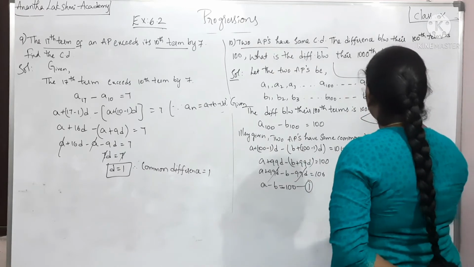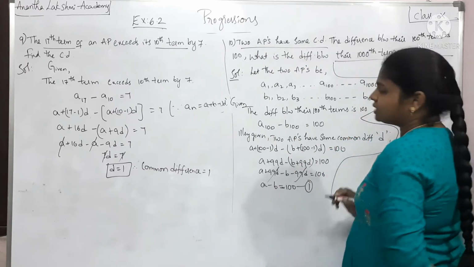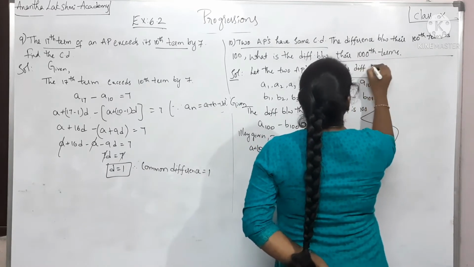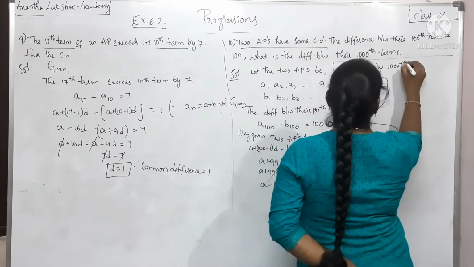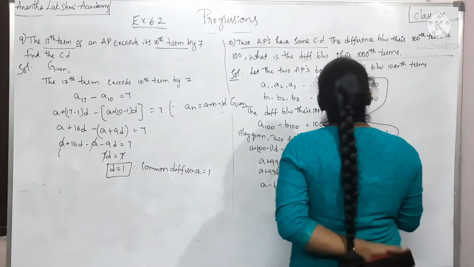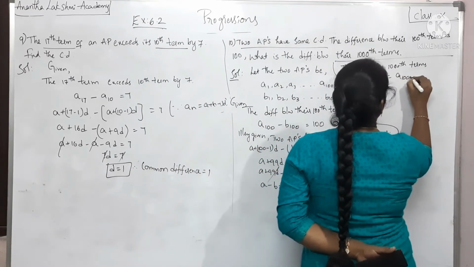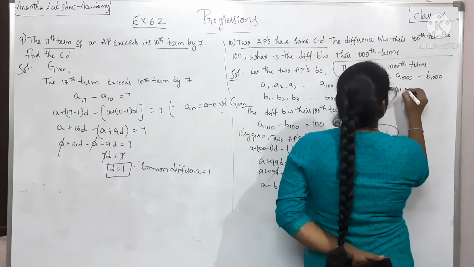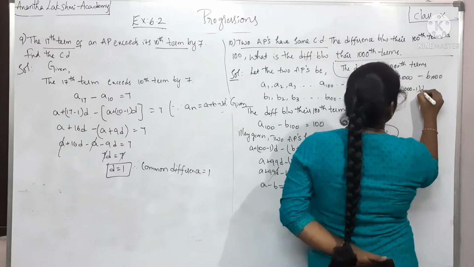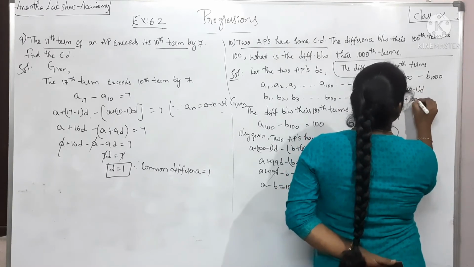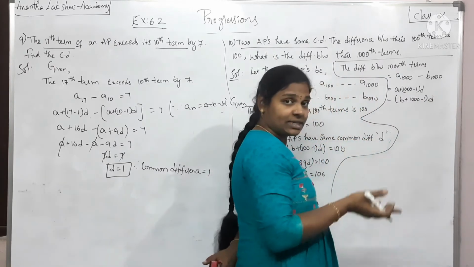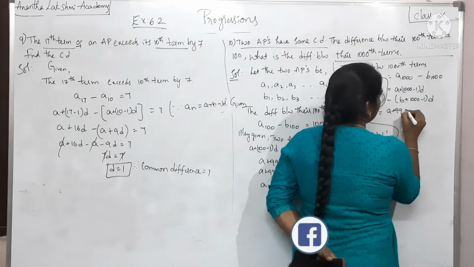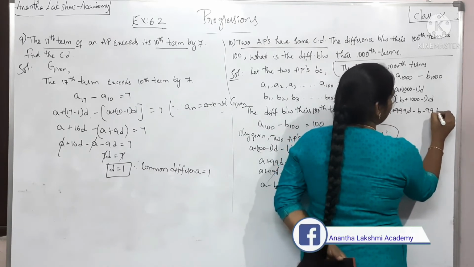Now we are to figure out the difference between their thousandth terms. So the difference between thousandth terms is equal to A1000 minus B1000. Now expand the formula. A plus 1000 minus 1 into D minus B plus 1000 minus 1 into D. Now I am performing the subtraction and also taking this minus inside. That way this becomes A plus 999D minus B minus 999D.